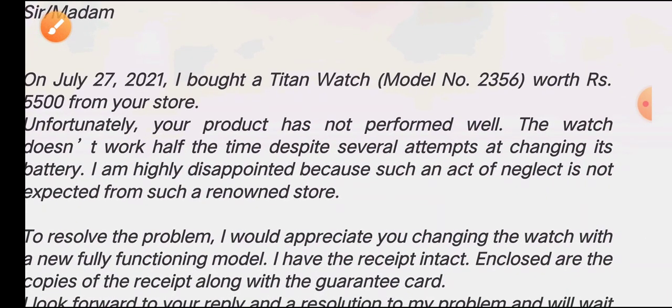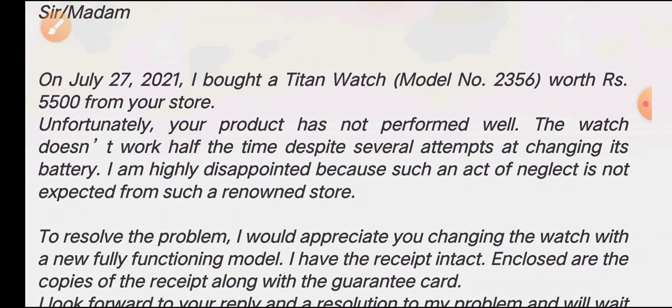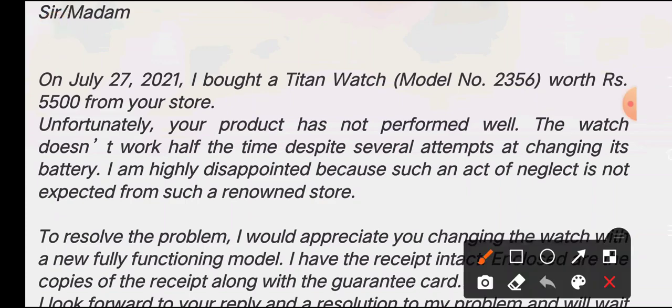Now the introduction paragraph of the letter. Why are we writing the letter? Because we have to complain about a wristwatch that is not working properly. So, on July 27, 2021, I bought a Titan watch worth rupees 5500 from your store. This is the introductory or opening line of the letter.